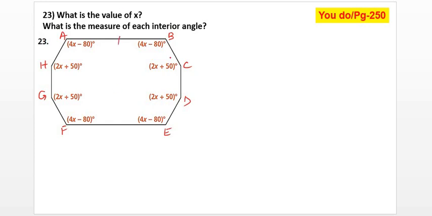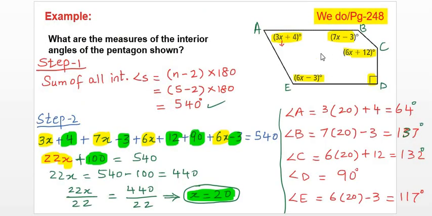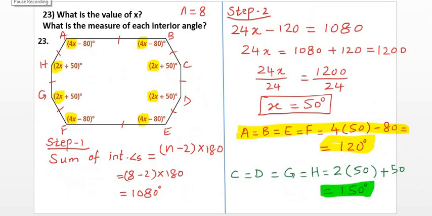How do you know what n is? 1, 2, 3, 4, 5, 6, 7, 8. So it's an 8-sided shape. That means the value of n is 8. Now better pause the video here and solve this question on your own, because I already explained a question like this. Let me show you this one. The way we solved this example, the same way you have to solve that question.